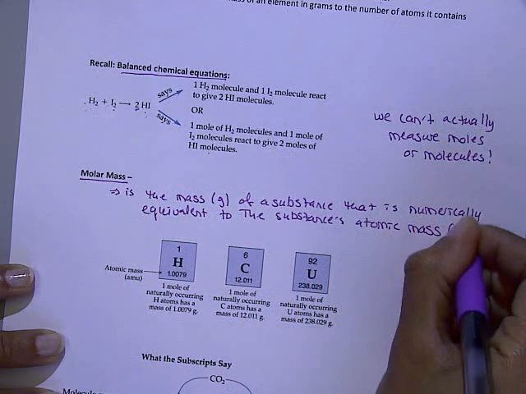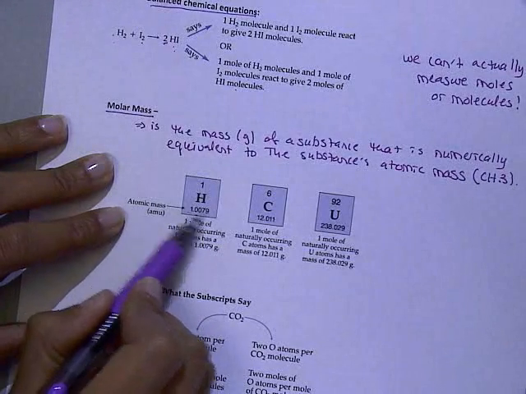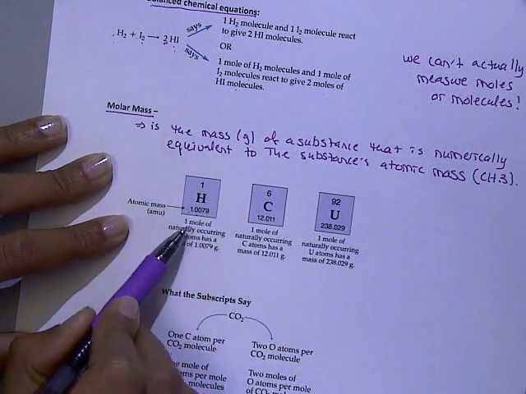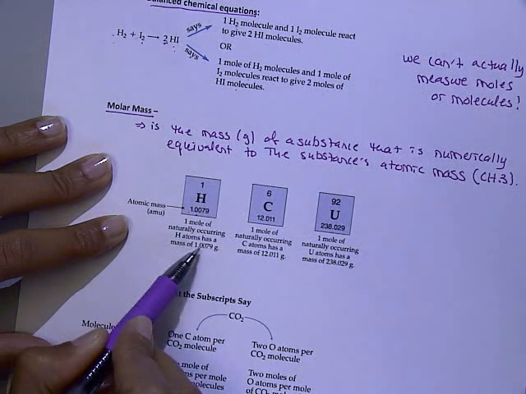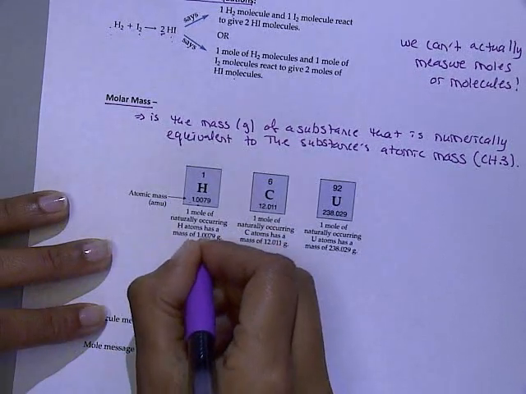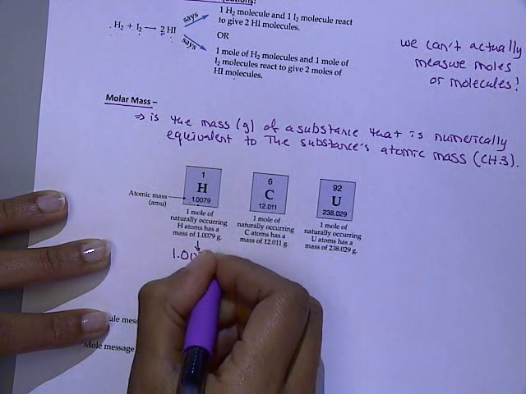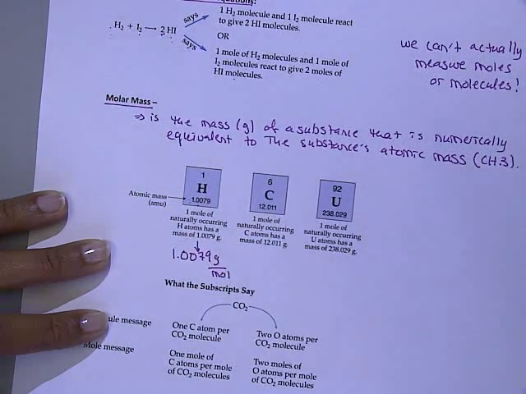And we talked about atomic mass in chapter 3. So what does that actually mean? Basically, we know under our periodic table, we have our atomic mass. The atomic mass, if we were to read this, is basically saying 1 mole of hydrogen atoms has a mass of 1.0079 grams. So our molar mass, let's write this out in an actual useful manner, is 1.0079 grams per mole.